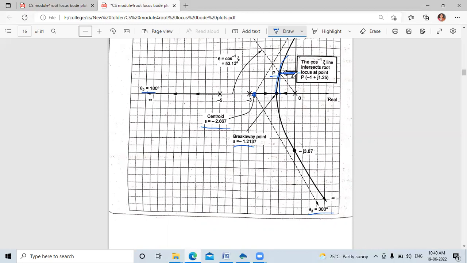It is intersecting both, that is theta equals what we got. First, how you will find the p value: first you mark from 0, mark the theta value. This is the angle 53.13. So this line and the breakaway line, once again I say how we got minus 1 plus j 1.25.